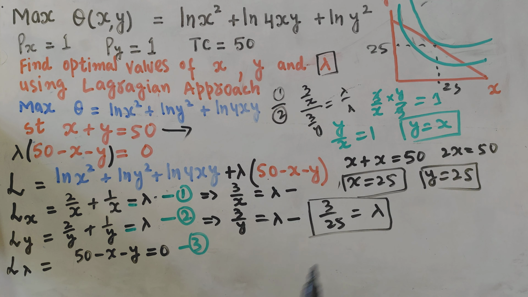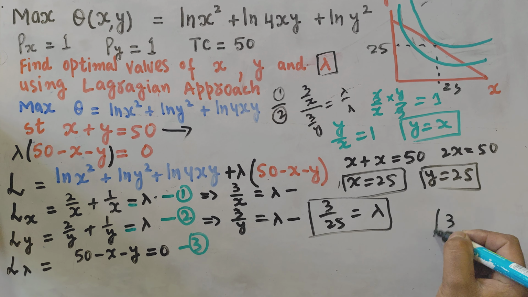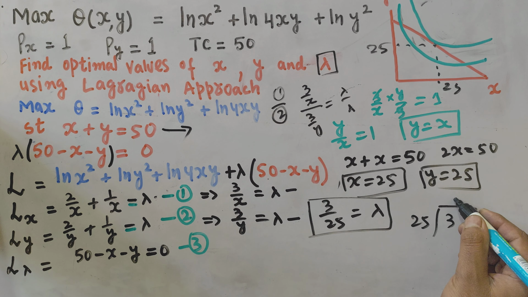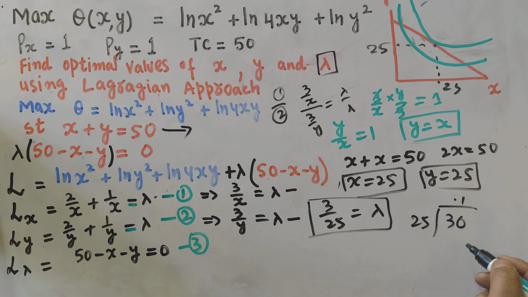Okay, so 25 twos are, so we got 0.12. So the value of lambda is equal to 0.12.